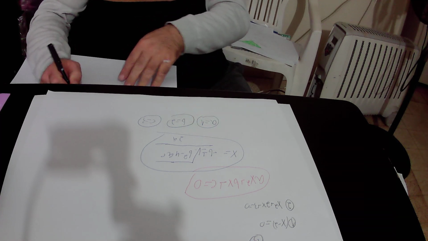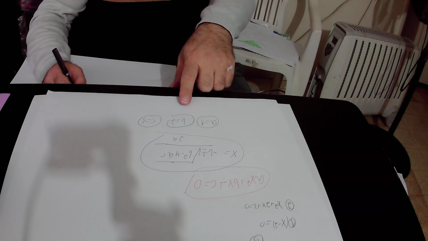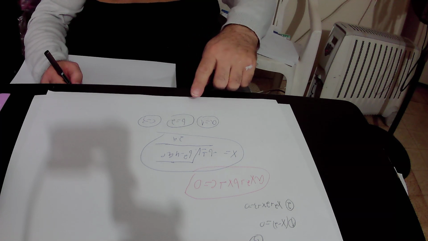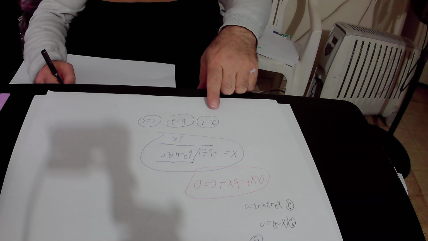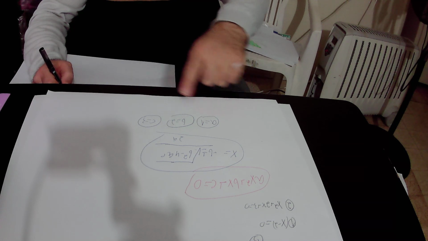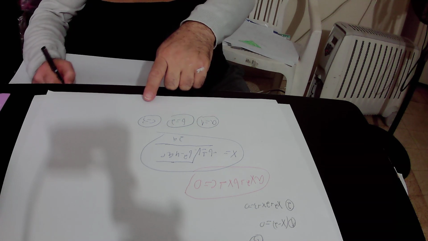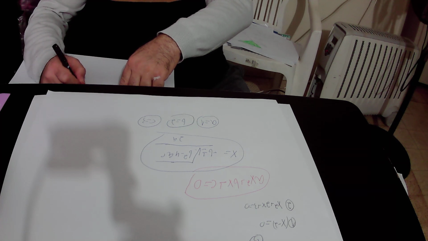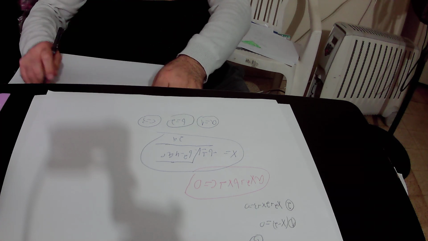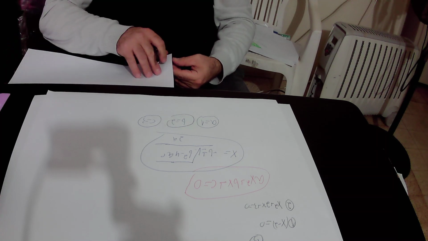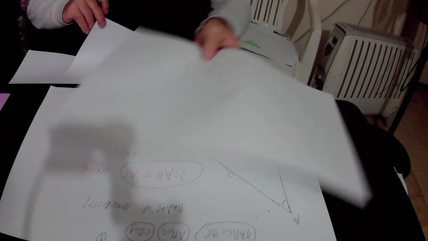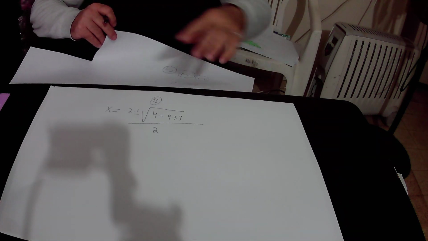B is 2, so b squared is 2 squared, 2 squared is 4, minus 4 times a, which is 4 times 1, times c, which is 3, over 2a, a is 1, over 2 times 1 is 2. So we found out that x equals to this expression.